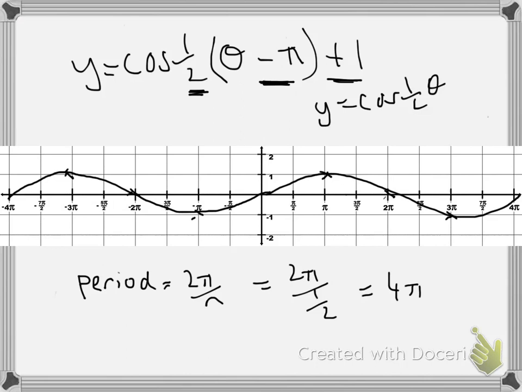Alright, now this graph is going to be moved pi places to the right. So let's get a different colour happening here. Go for magenta. And I'm going to take all my points and these little magenta crosses, move them pi to the right. So that one's there, that one goes to there. So concentrate doing this. There we go.